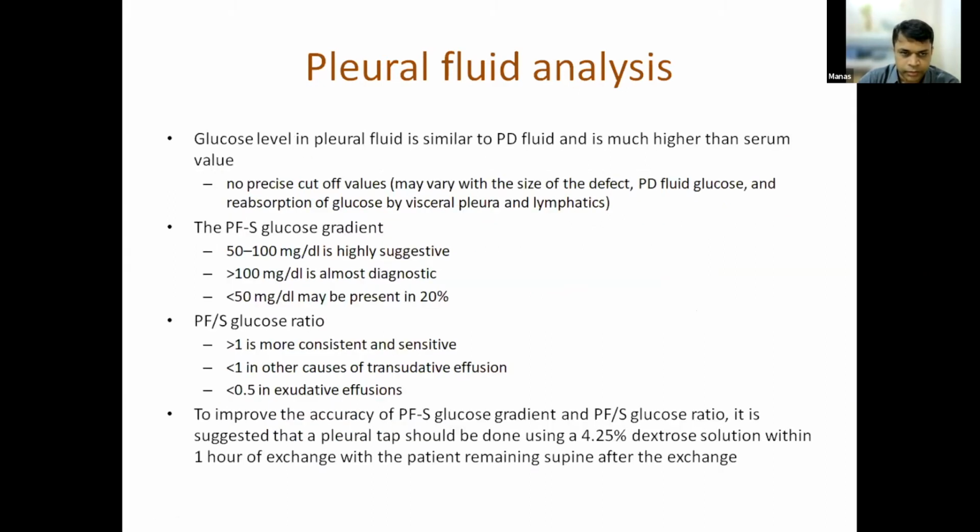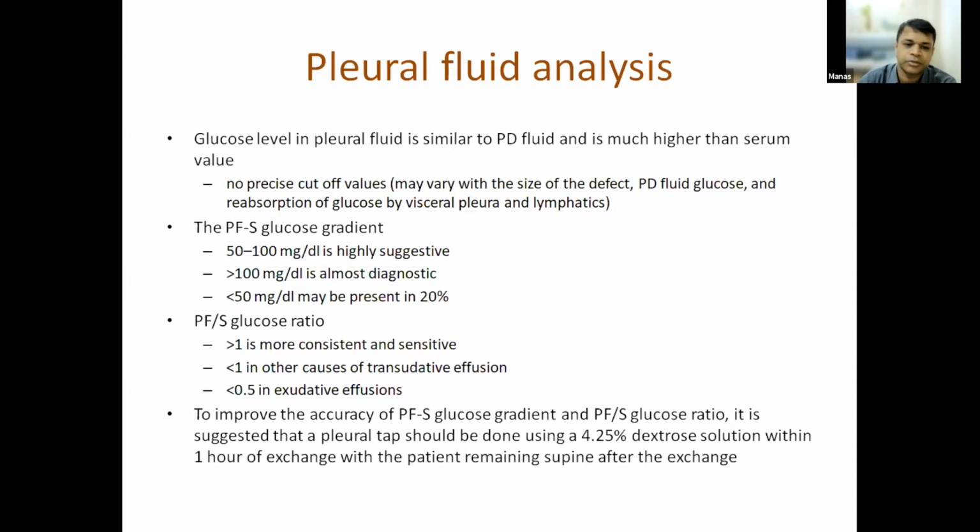What has been classically taught to us and used in the past is glucose level analysis. Two things are used: either the pleural fluid to serum glucose gradient or a ratio. Various publications have shown various sensitivities and specificities, but what can be said with good confidence is that if the glucose gradient difference is more than 100 milligram per deciliter, then it is almost diagnostic.